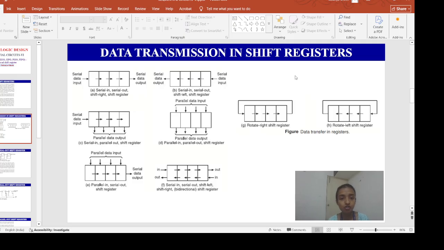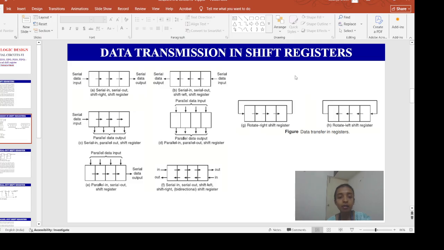That's what we have learned so far, right? Data may be shifted into or out of the register either in serial form or in parallel form. So there are four basic types of registers: serial in, serial out; serial in, parallel out; parallel in, serial out; and parallel in, parallel out.